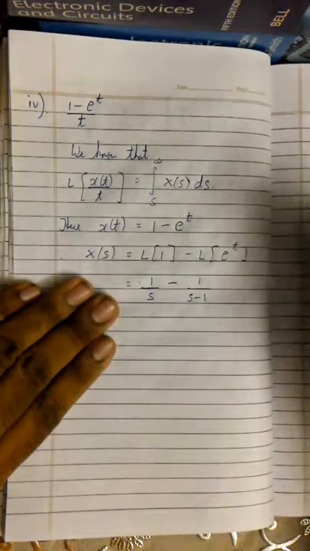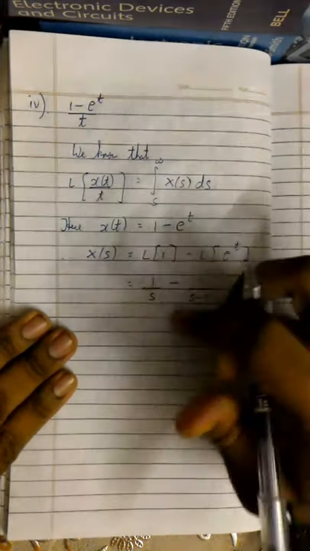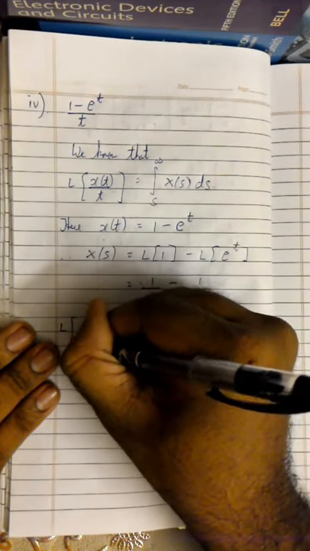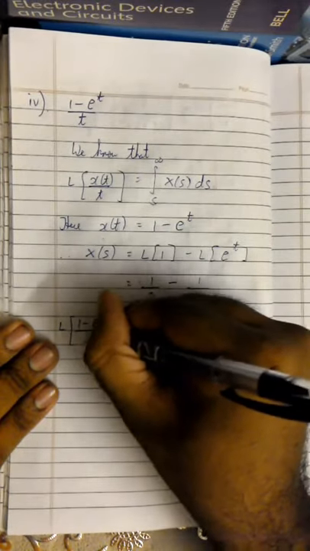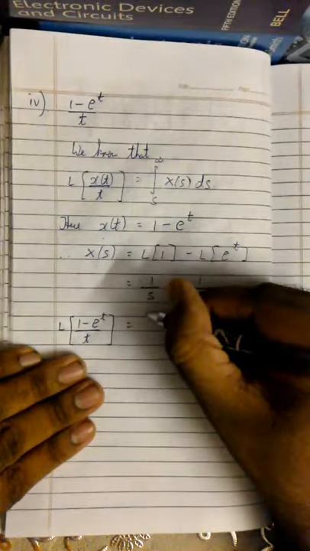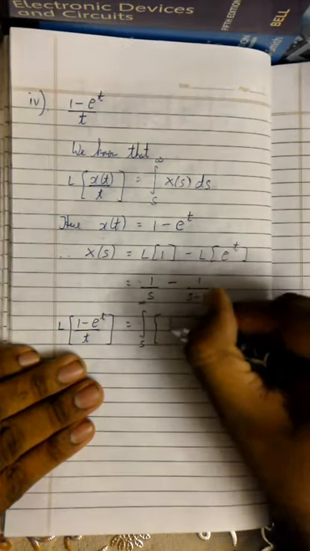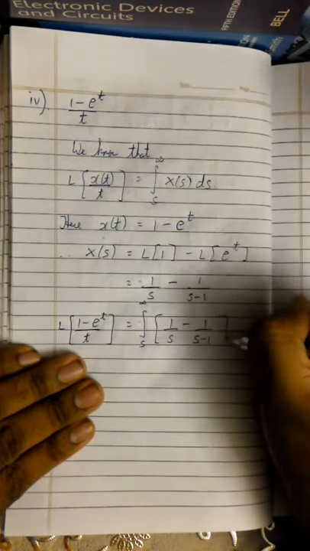Now I simply need to apply this integration in the above equation. So the Laplace of 1 minus e raised to t by t is equal to the integral from s to infinity of 1 by s minus 1 by s minus 1 ds.